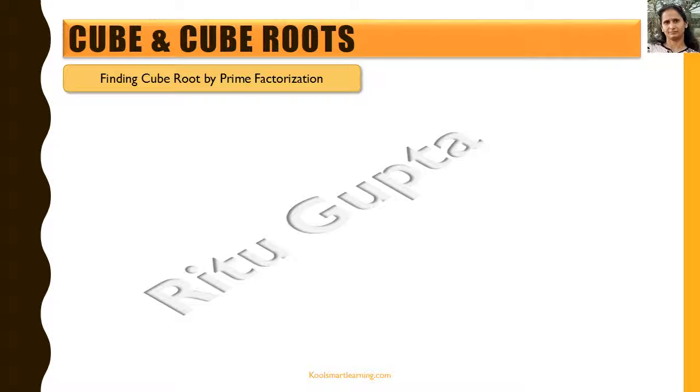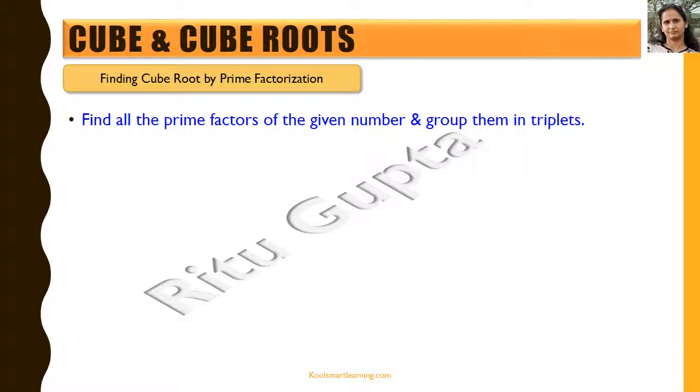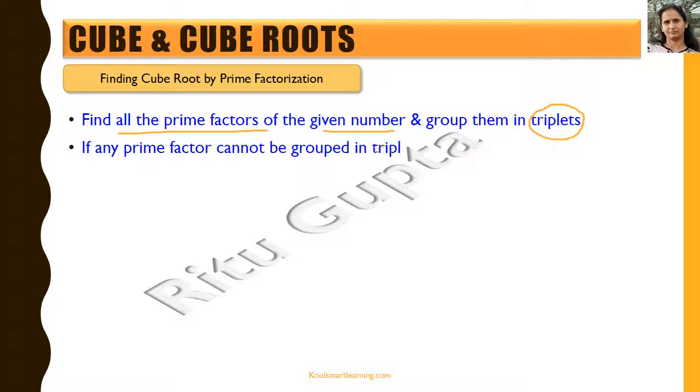Let's now see how we find the cube root by the prime factorization method. We'll first find all the prime factors of the given number, and we'll group them in triplets. If any prime factor cannot be grouped in triplets, then the given number is not a perfect cube, and we cannot find the cube root using this method.